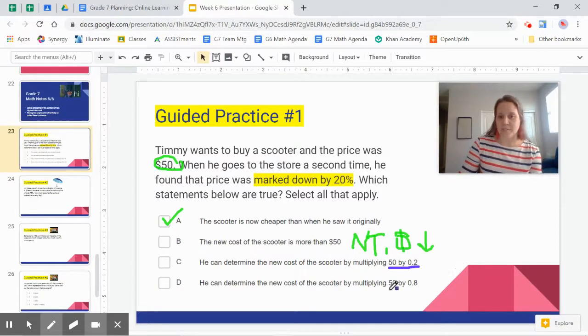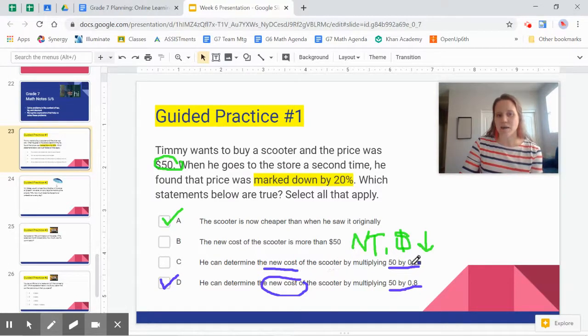This expression would tell you 80% of 50. One of these will tell you the new cost. Which one do you think it is? If the discount is 20%, that means the new cost is 80%, the other part of 100%. So D is true.